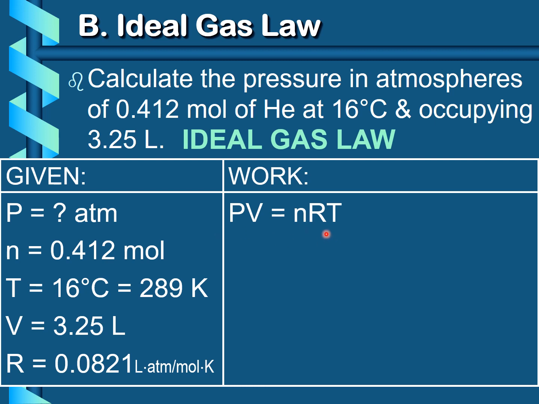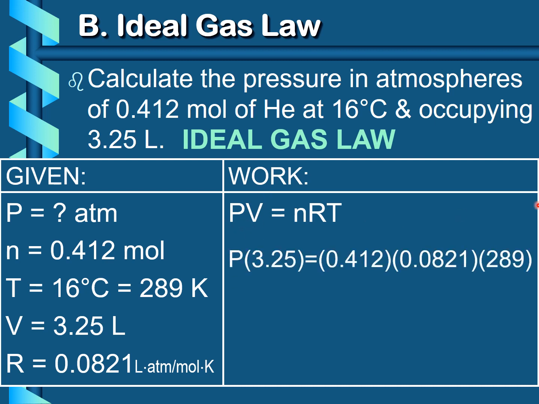We divide both sides of the equation by V, so the V will cancel out, giving P equals nRT over V. Substituting the givens, we get a pressure equal to 3.01 atmospheres, and the units cancel out, leaving the unit atmosphere, which is the unit of pressure.